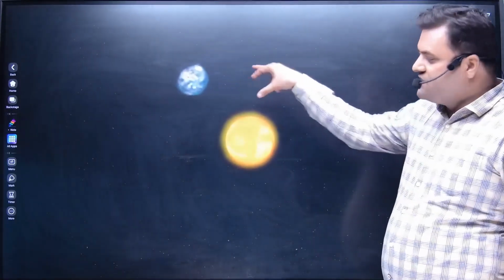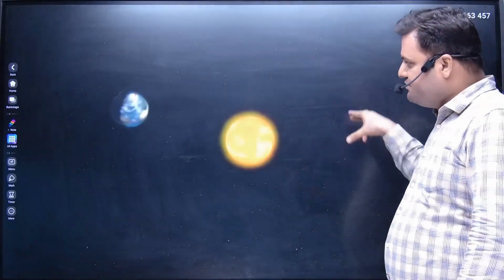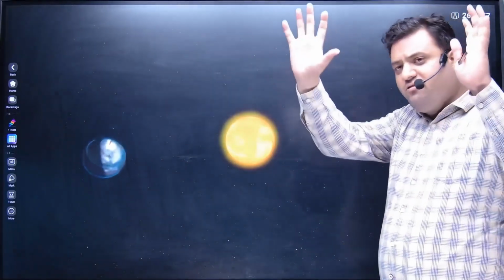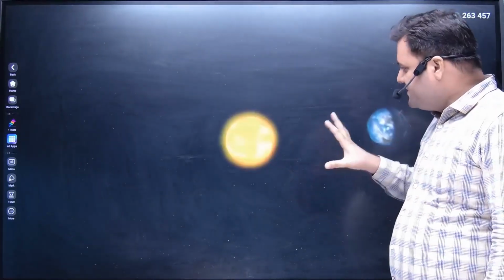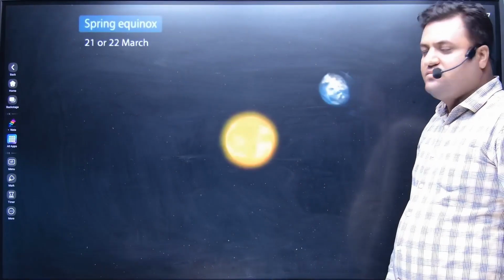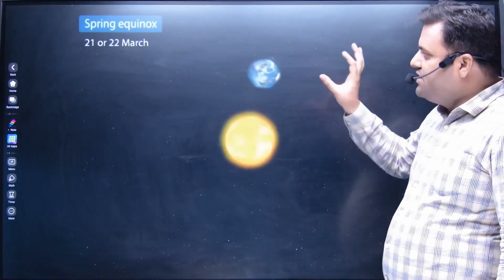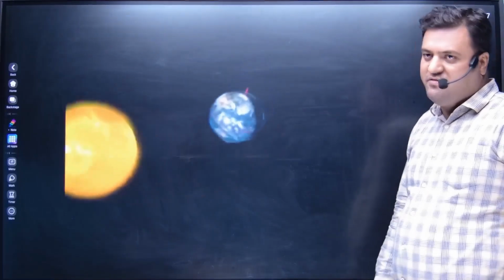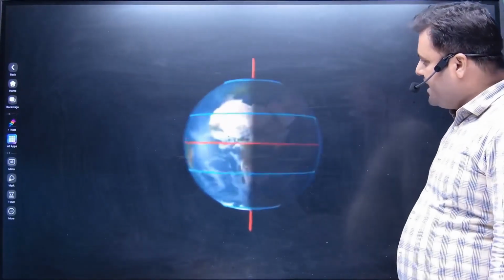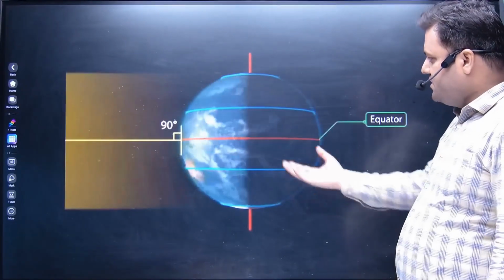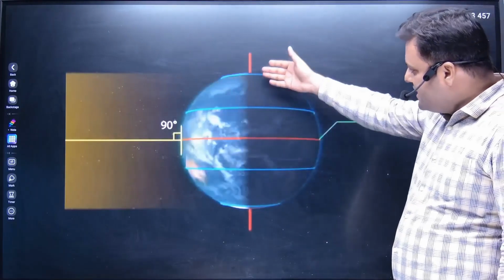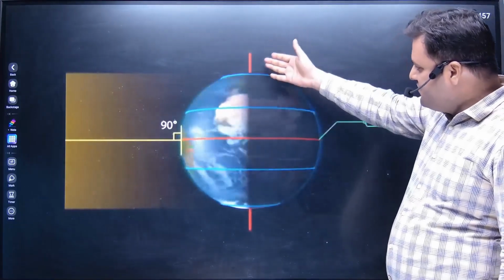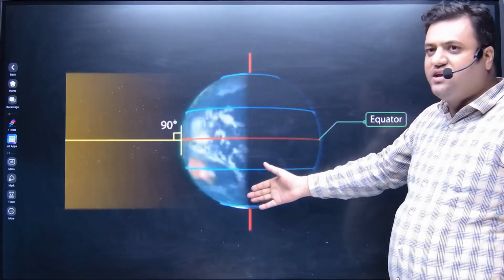Now Earth keeps on revolving in an elliptical orbit. We are actually recalling all of the concepts which we have learned as of now. Here you can see the circle of illumination as well. Now we are talking about the 21st March spring equinox. During this period of time, there is a 90-degree insolation on the equator, and see the ratio in which the latitudes are cut by the circle of illumination.